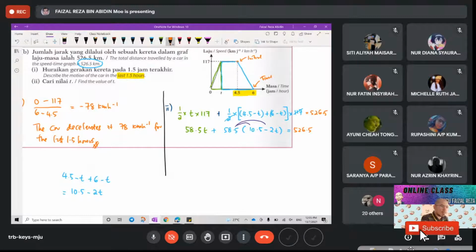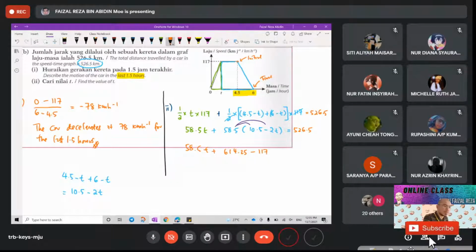So we have 58.5 times 10.5, I'm going to get 614.25, and then 58.5t plus 614.25, minus 58.5 times 2.